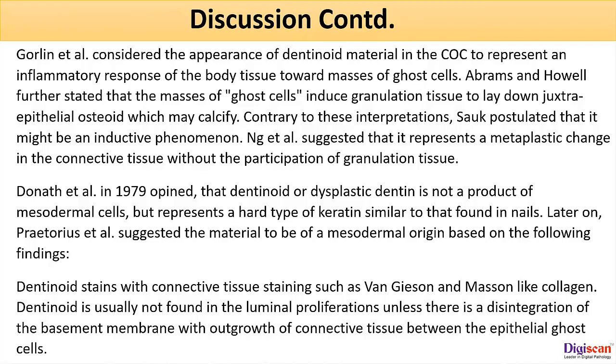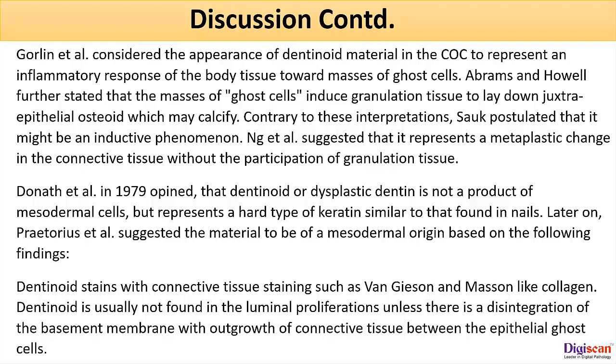Gorlin et al. considered the appearance of dentinoid material in calcifying odontogenic cysts to represent an inflammatory response of the body tissue towards masses of ghost cells. Abrams and Howell further stated that the masses of ghost cells induce granulation tissue to lay down juxtaepithelial osteoid which may calcify.